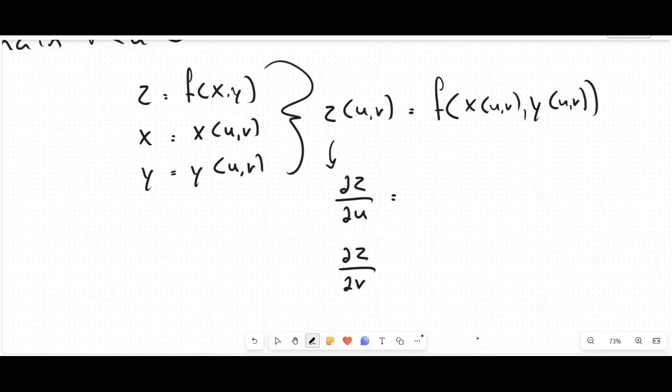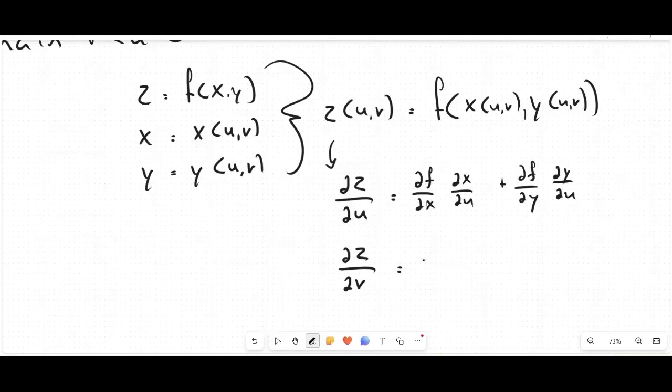If you want the derivative of z with respect to u, here we go. Differentiate f with respect to x and ask how much does x change when we vary u. Also differentiate f with respect to y, and now you must ask how much does y change when we vary u?